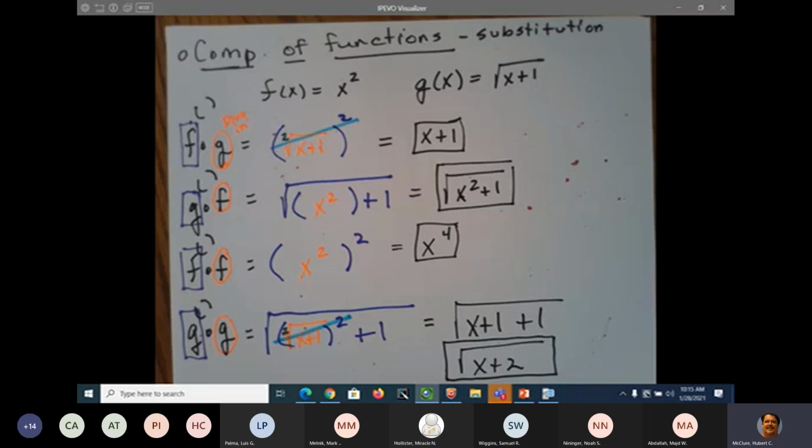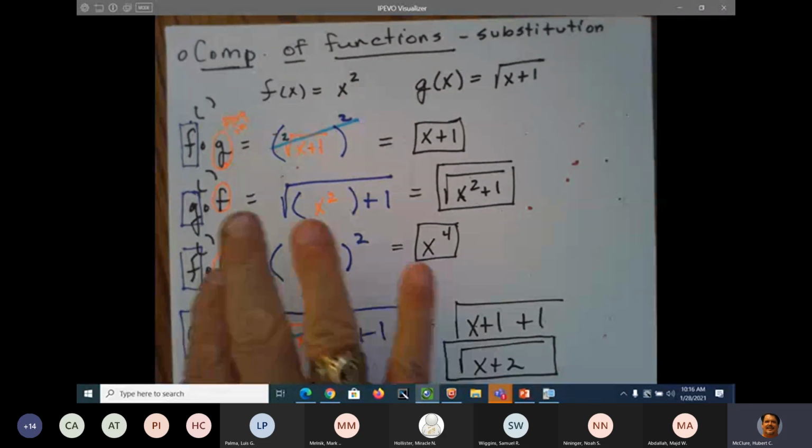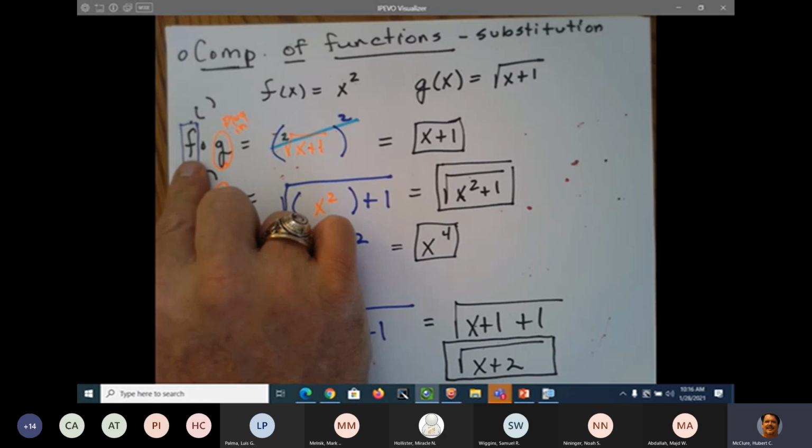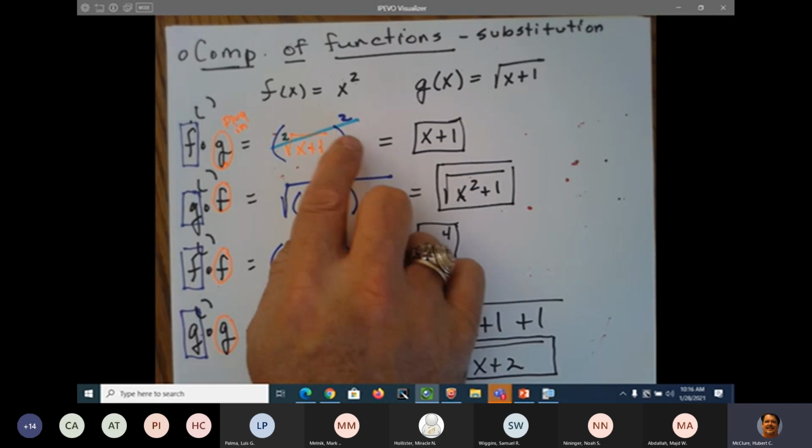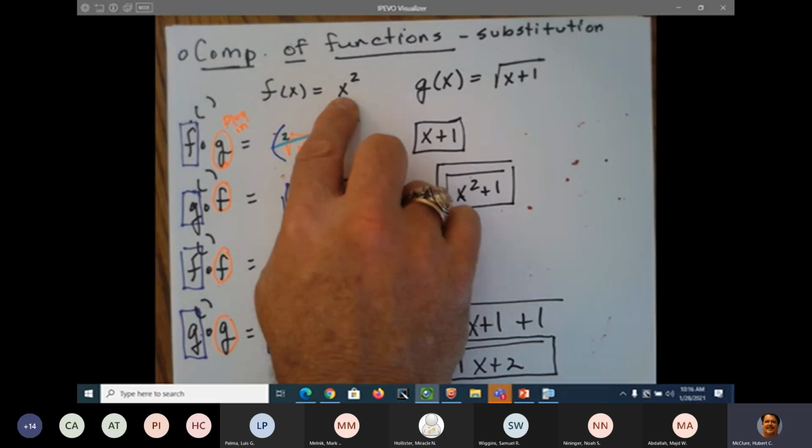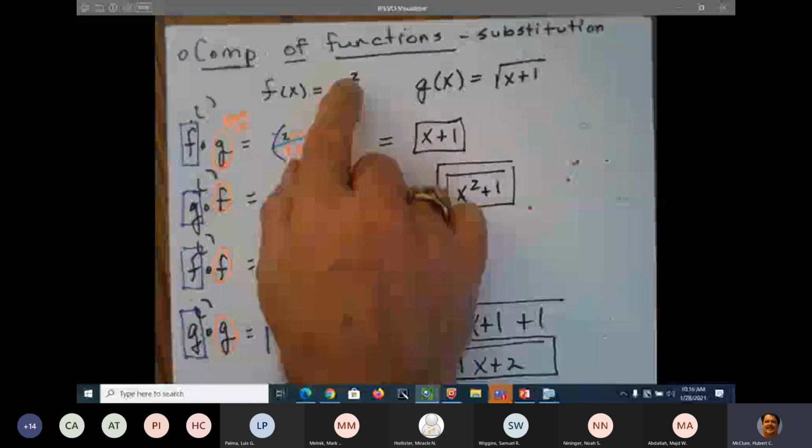Now I guarantee you, because I was in algebra and I always had a problem with these, there's one or two of y'all out there that's always had a problem with composition of functions. Now you shouldn't, because you take the first letter, and you draw a big set of parentheses for that function. So x squared.